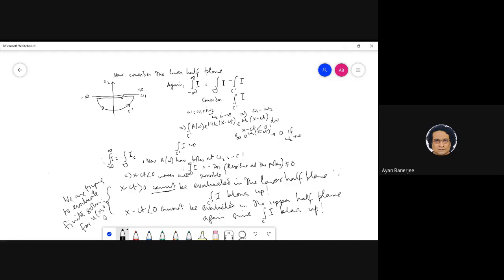What we are trying to say is that using the complex integral, the Cauchy integral theorem and the Cauchy residue formula approach, we cannot find any possible solutions if we go to the upper half plane using time-like light cones and the lower half plane using space-like light cones. This is what I wanted to say.